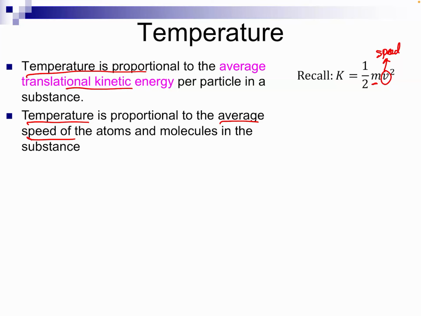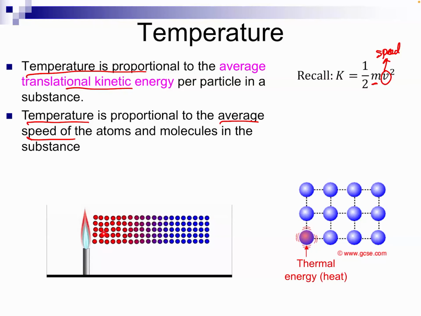So if we look at an object microscopically and look at what's happening to the atoms that make up the objects, say, for example, you have this piece of metal that you bring close to the flame. So this metal will acquire energy in the form of thermal energy or heat from the flame. And so this object is heated up.